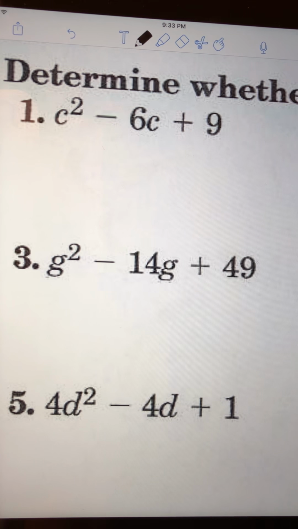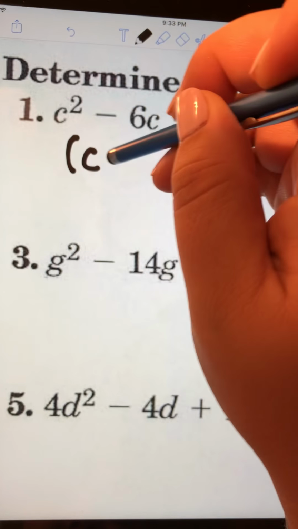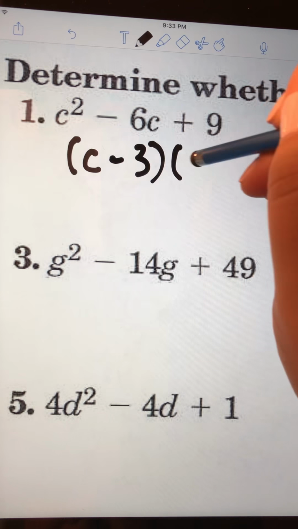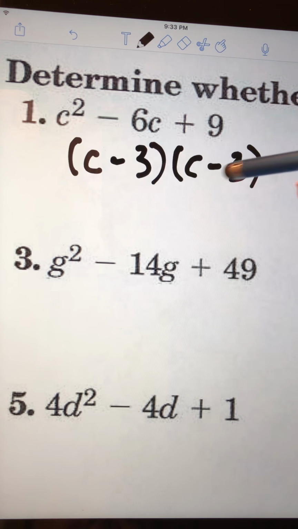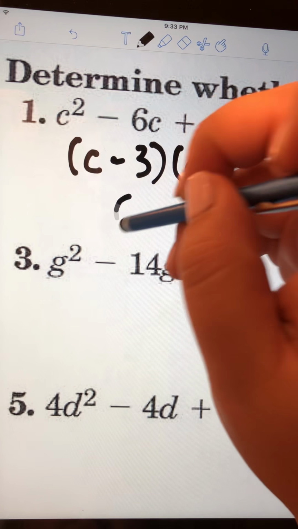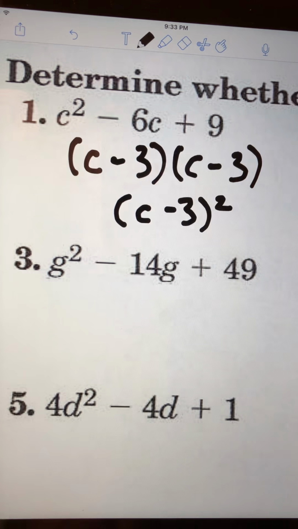So here, is there a number that when we multiply, we get 9, and when we add, we get -6? Well, yeah, there is. C minus 3, C minus 3. Because it's the same quantity, we can rewrite it as C minus 3 squared. So that is a perfect square trinomial.